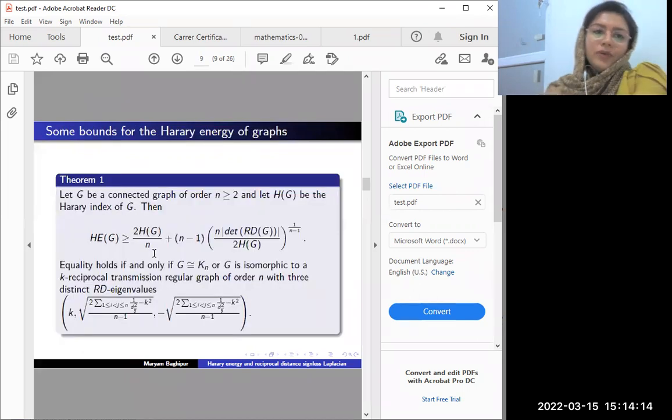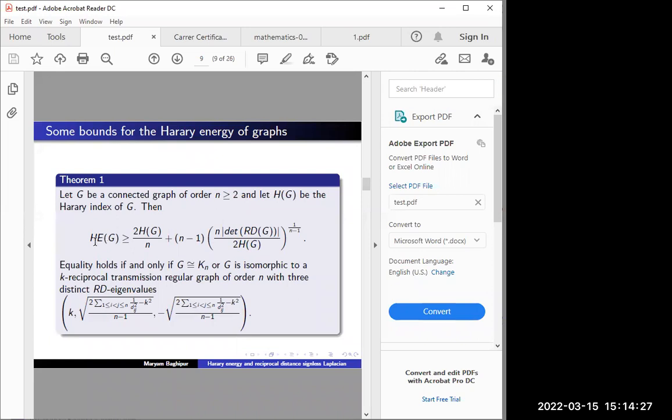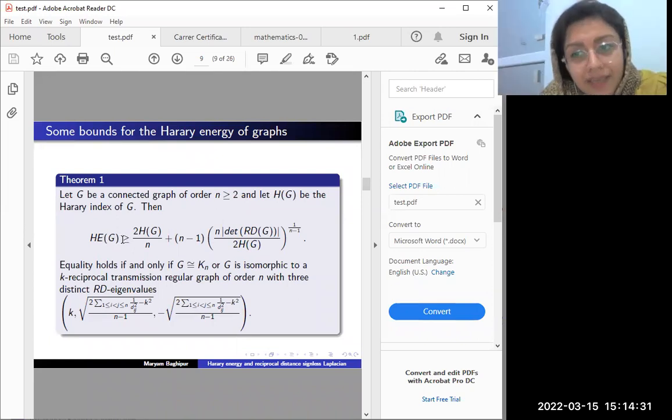One of the important results for Harary energy: we obtain a lower bound for Harary energy in terms of different graph parameters, for example n, the order of the graph, and H, the Harary index, and we try to characterize the extremal graphs.